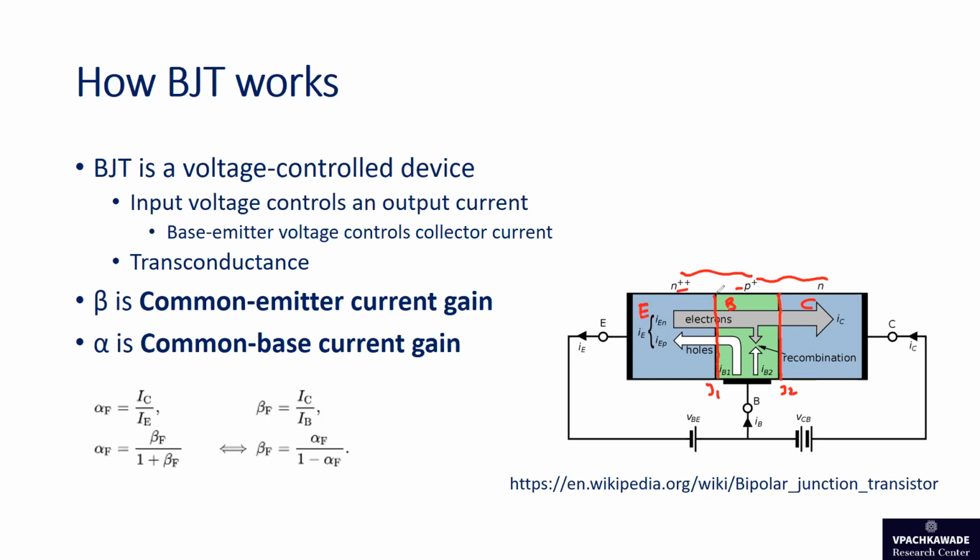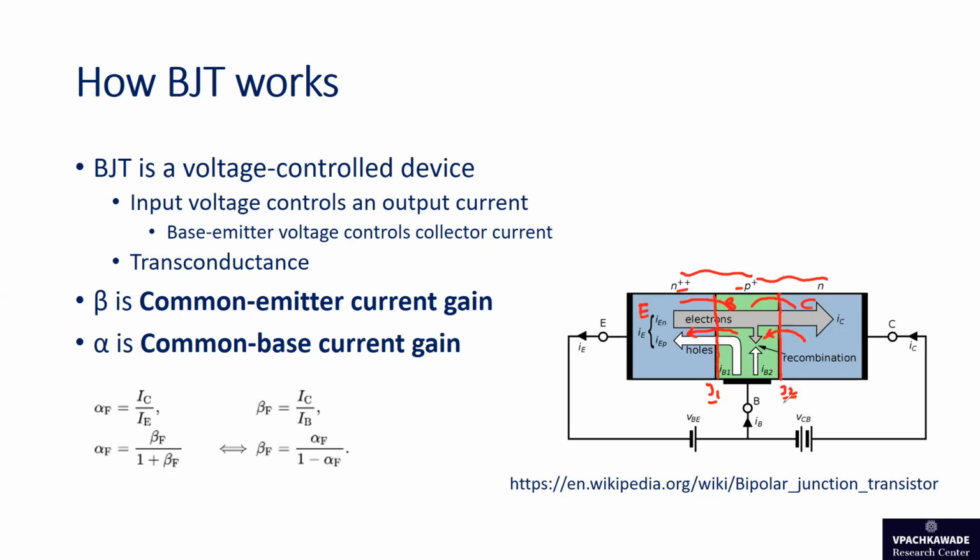So when you have this junction formed, the electrons try to diffuse from the emitter to the base, and holes from the base try to diffuse to the emitter region. This process is called the diffusion process. Because of that, the depletion regions are created across junction J1 and J2. Here also, holes from the base try to diffuse to the collector, and the electrons from the collector try to diffuse to the base region.